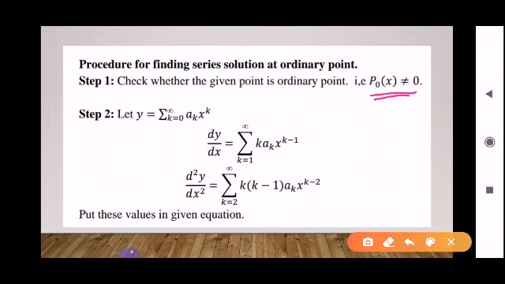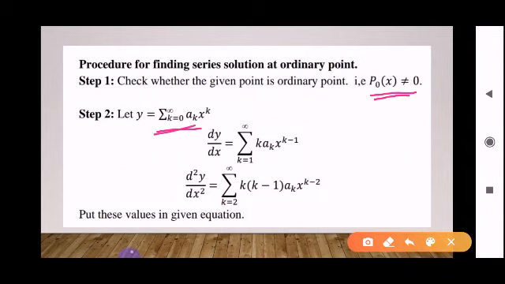If p0 of x is not equal to 0, then we can say that the point is an ordinary point, and if that point is an ordinary point, then we have to take the solution of the given differential equation as summation of ak into x raised to k.